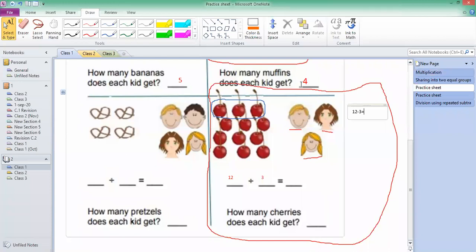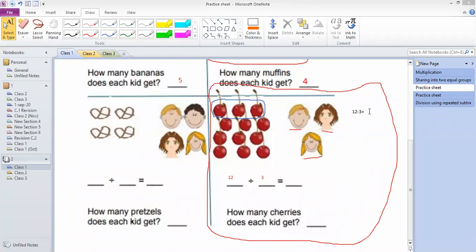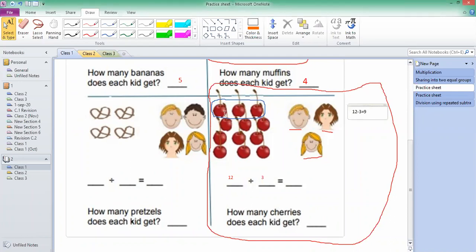Can you tell me 12 minus 3 equals what? 9. Very good. 12 minus 3 equals 9. You give 1 cherry to each of the kids. That's why you minus 3 from 12. Now you have 9 cherries left.